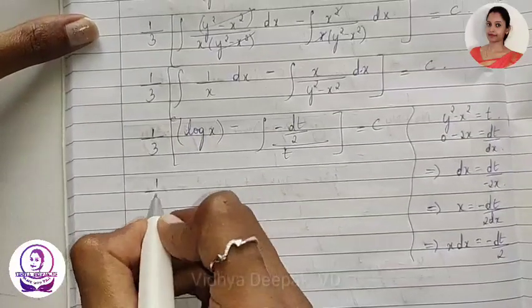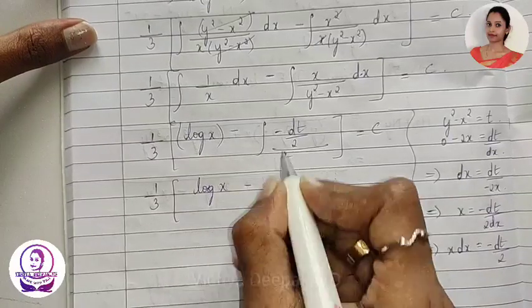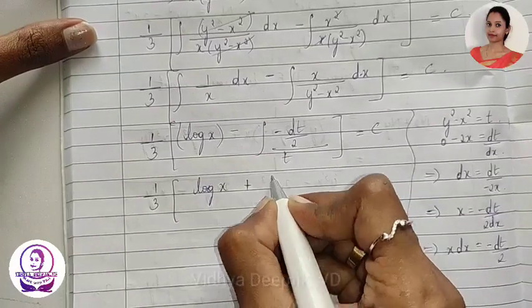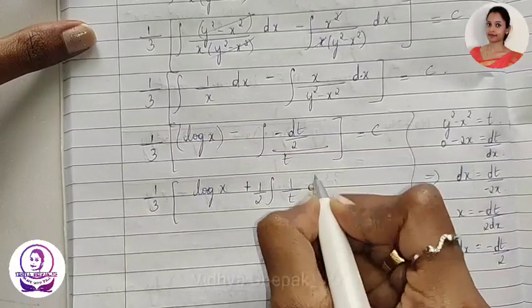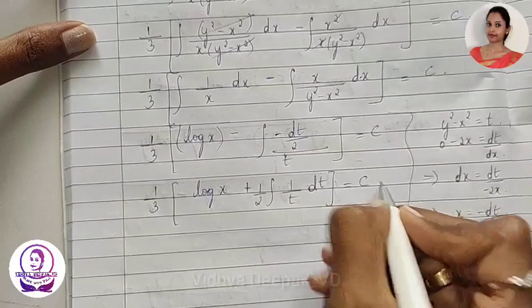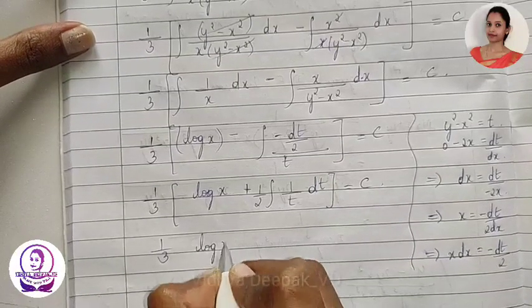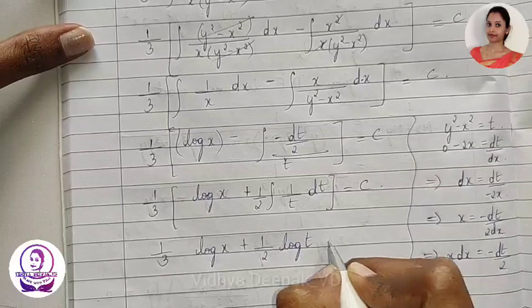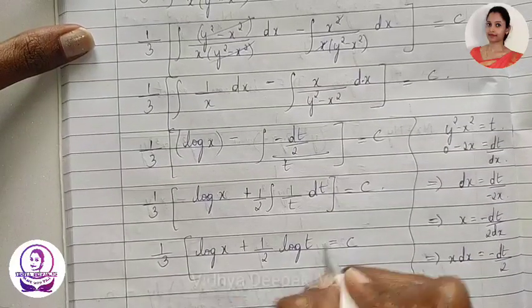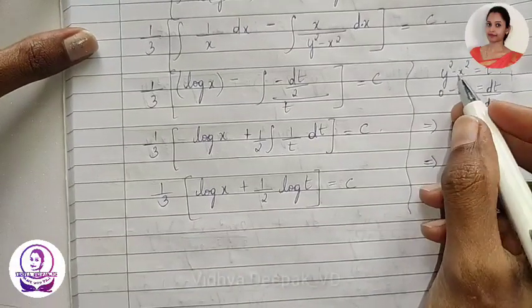We have 1 by 3 log x minus, this minus I'll bring outside, plus integral 1 by 2, I'll bring it outside, 1 by t dt is equal to c. So 1 by 3 log x plus 1 by 2 into log t is equal to c. Now replace t back with the x and y function.